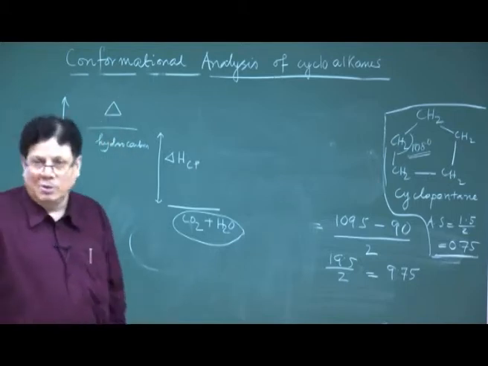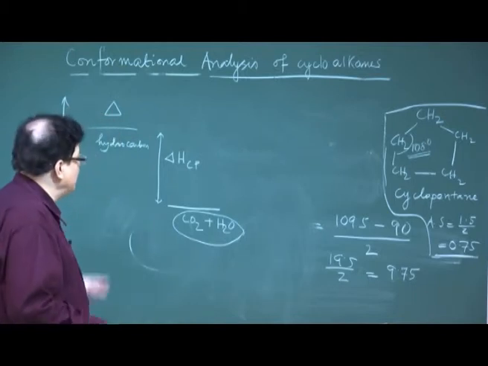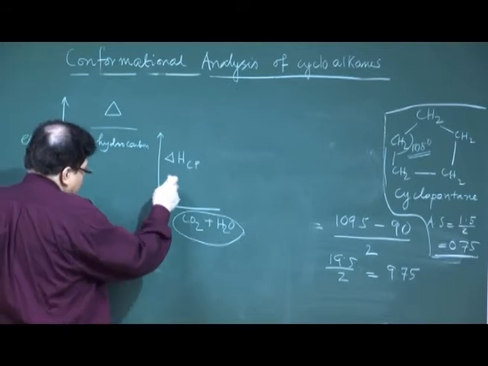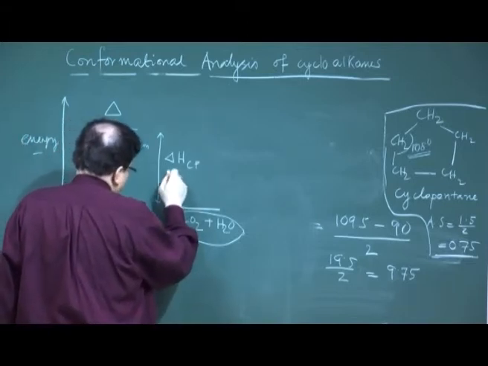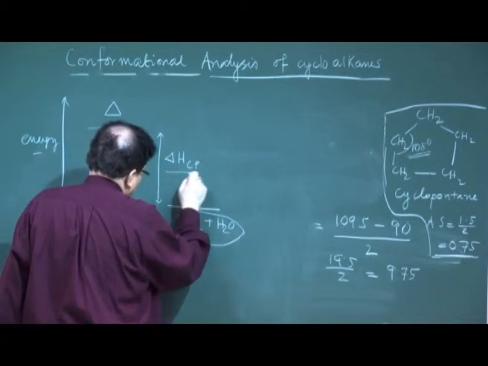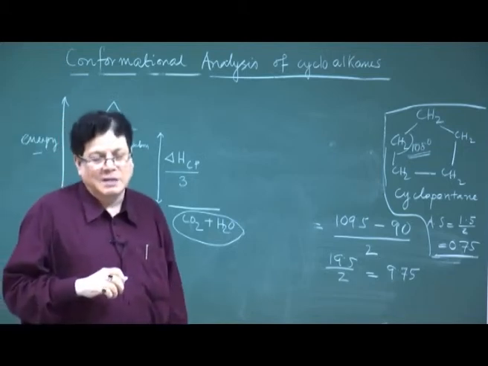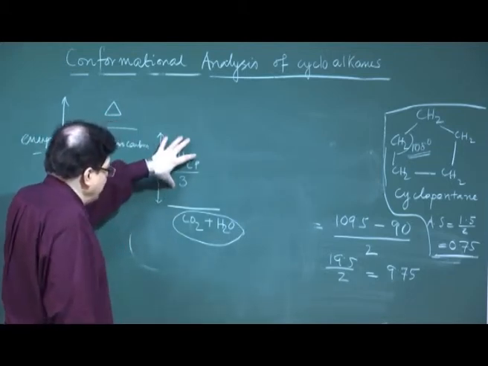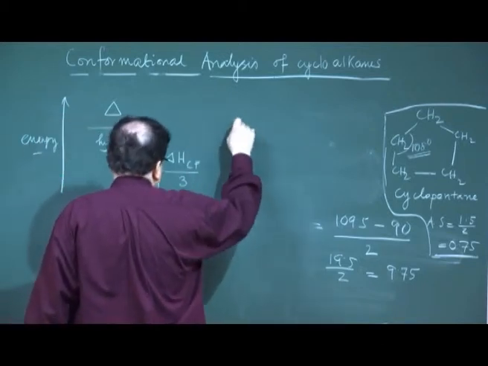So, in order to normalize these values in comparison with cyclobutane and cyclopentane, what we do? We calculate the heat of combustion divided by 3, because there are 3 carbon atoms, 3 methylenes in cyclopropane. Okay. So, you divide it by 3 and see what is the value, and you do the same thing with cyclobutane.